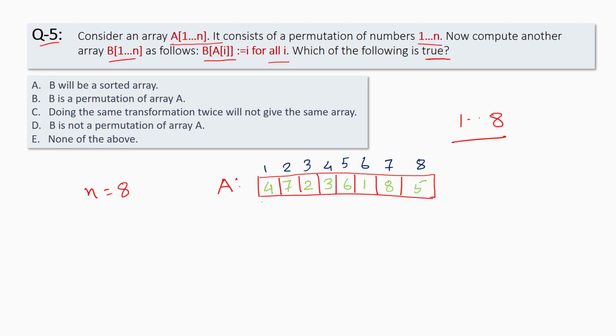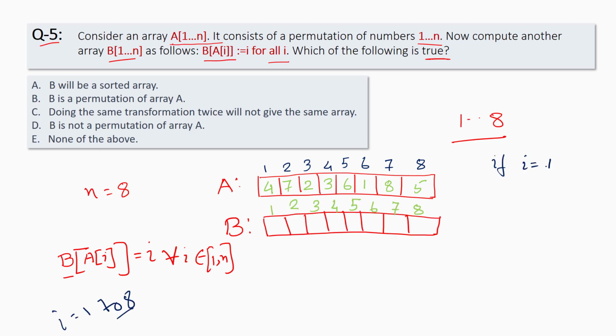For example, let us consider this is the combination of values between 1 to 8, and this is the array A. Now if we generate the values of array B, how could we generate them? The formula is B[A[i]] is equal to i itself for all i belonging to 1 to n. So it is clear that the size of the array B is also 8.